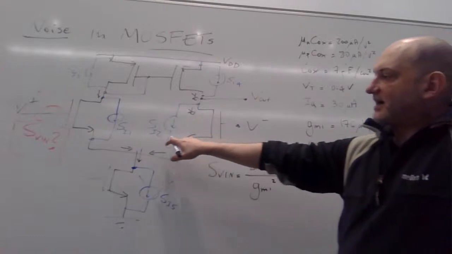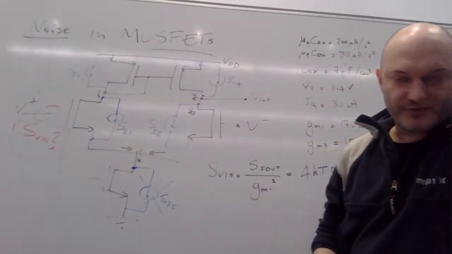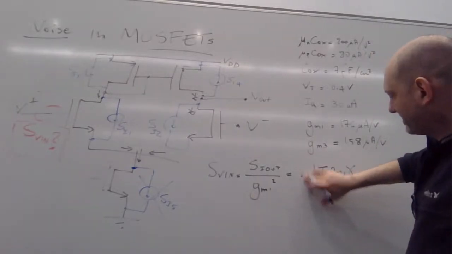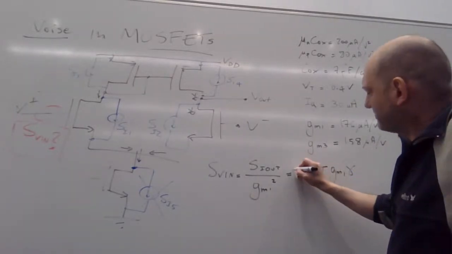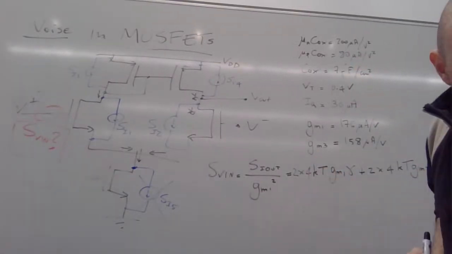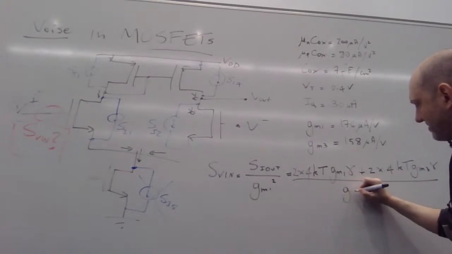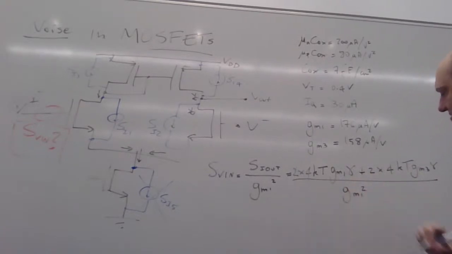Then SI2 will be exactly the same, because the transconductance of M1 and M2 is the same. So rather than having a 4 here, we can just put 8. Then we add the M3 and M4 terms with gamma, and all divided by GM1 squared.